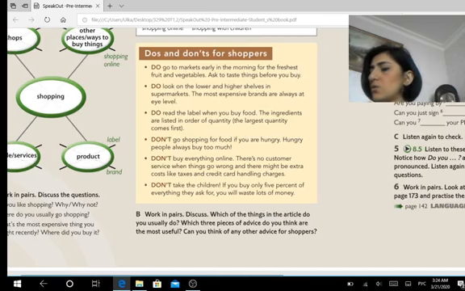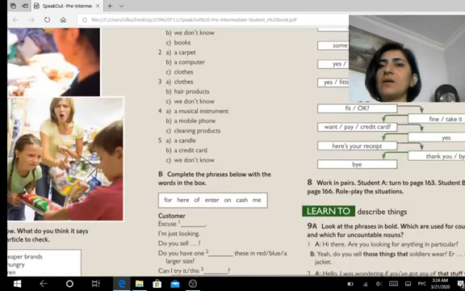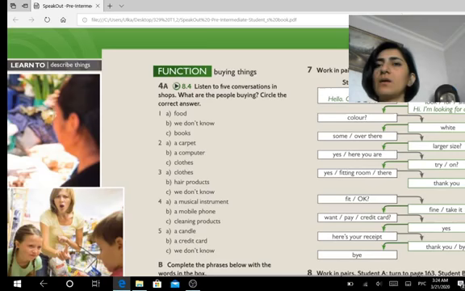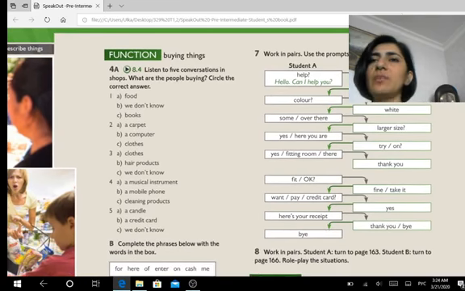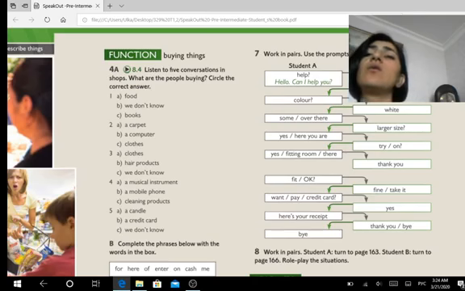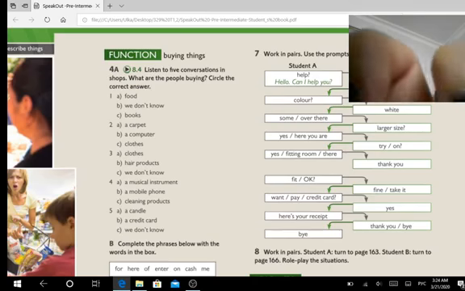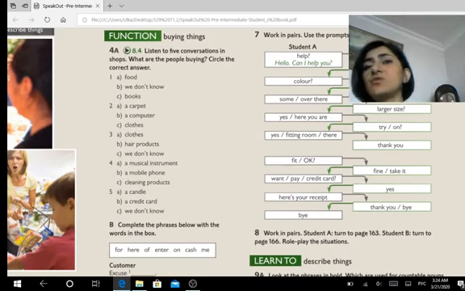Now, let's go to 83. In 83, you have function, buying things. And you see in 4A, you again have listening with 5 conversations. It's all about shopping, of course. What are people buying? So you have to circle the correct answer you hear.